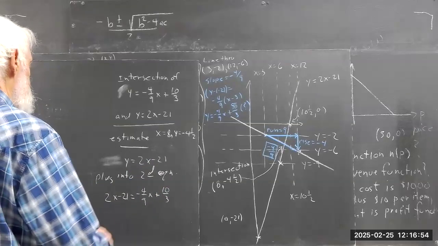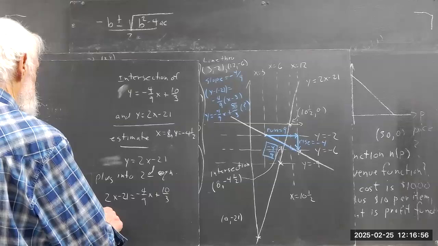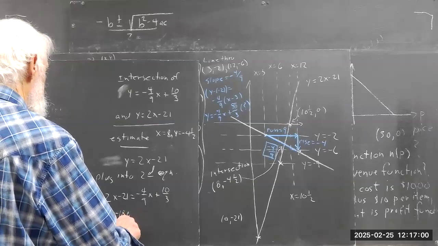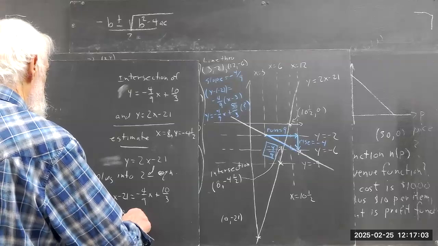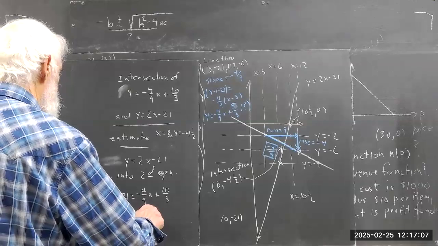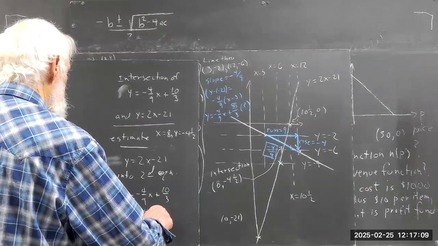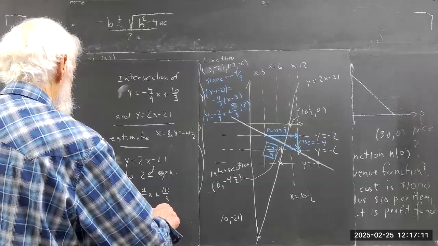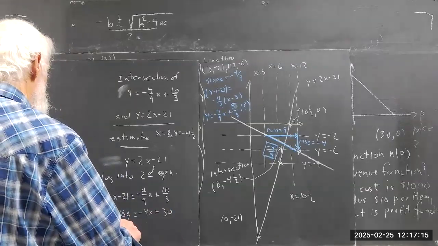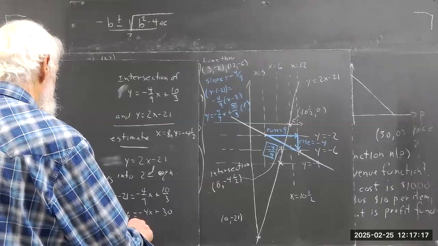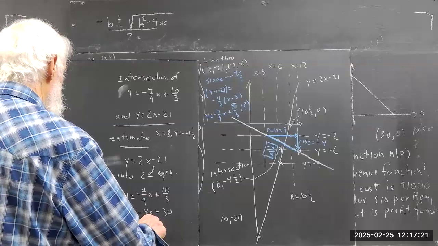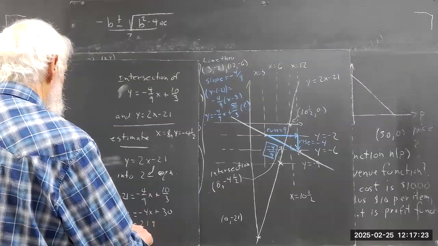Then we multiply both sides by 9. We get 18x minus 189 equals -4x plus, which gives us 22x equals 219.